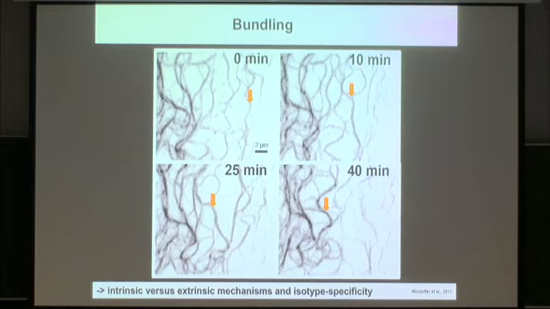This process that we refer to as bundling is driven, as I said already, by intrinsic properties of the molecules, those disulfide bonds, but also by extrinsic mechanisms, that is by cross-linking through plectin.